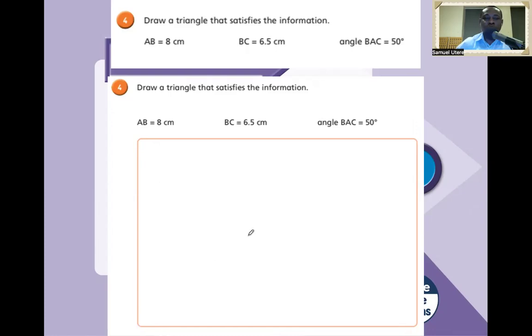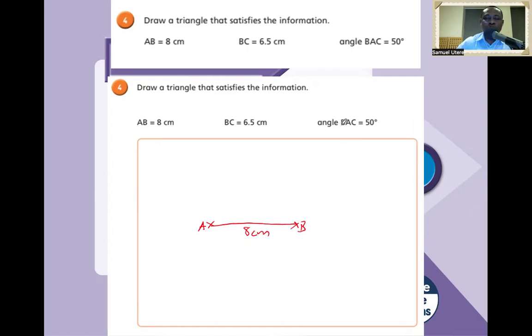So the first thing you do is you draw a line AB. So you mark a point, you name it A, and you draw a line AB. You mark that point B. You make sure this line is 8 centimeters. Now take note that the middle letter tells you where the angle will be located.